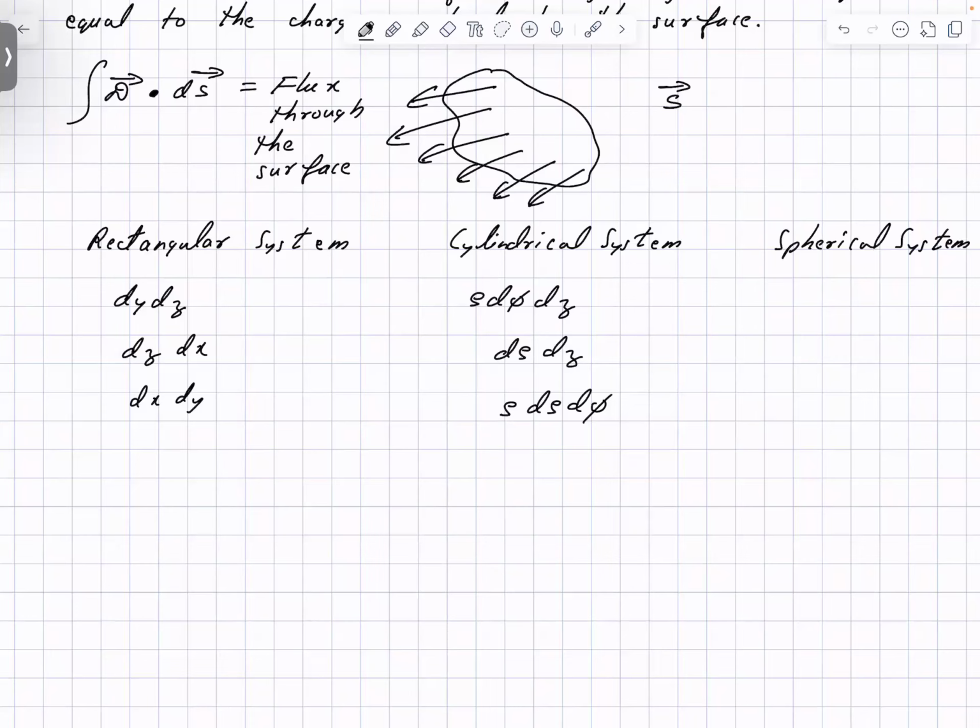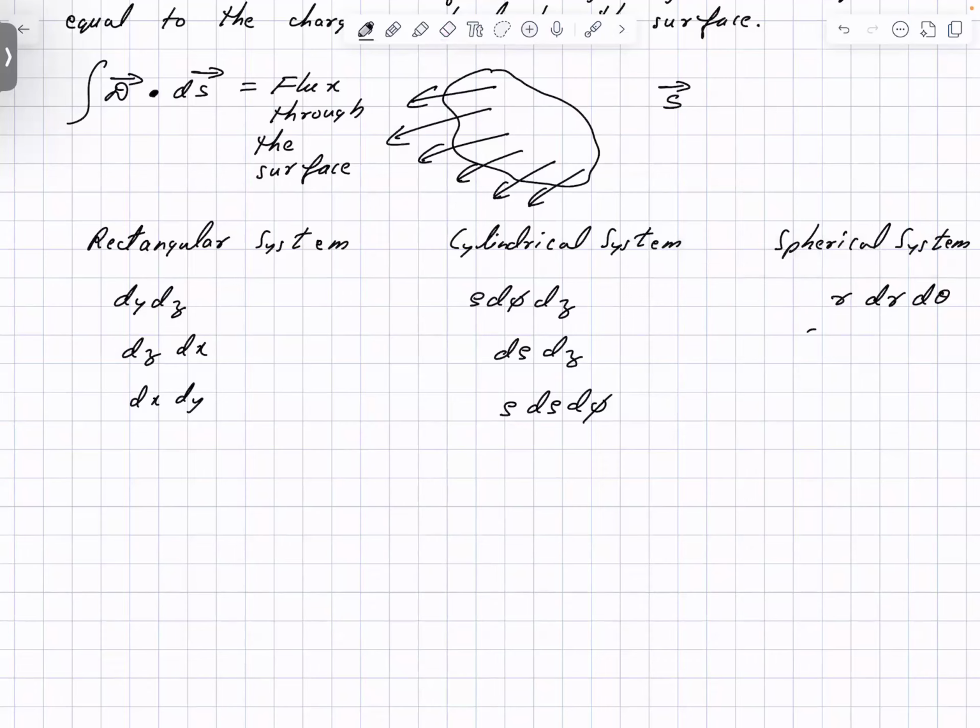For the spherical one, we have r sine theta dr d theta. If we do dr d theta, then actually we don't need sine theta, we need just r.